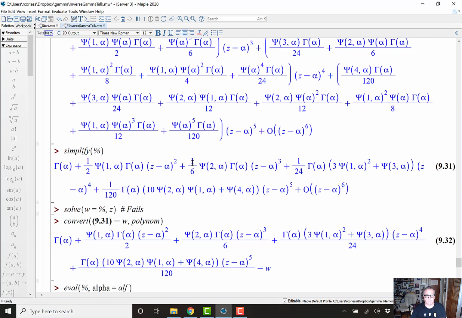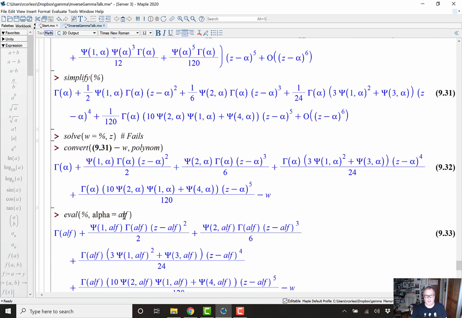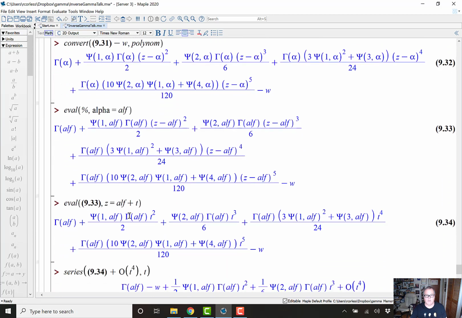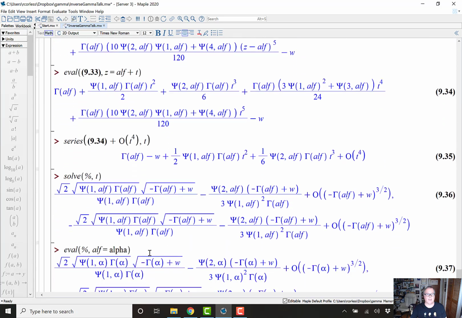Simplify gets rid of that next thing. If you ask Maple to solve, it says, no, I can't do that. Part of that is the fact that we've just got the root of in there, and it doesn't really know what to do with the root of. If we replace the alpha with a symbol and then do a series and reverse the series, we correctly get these branch point series with square roots in them.